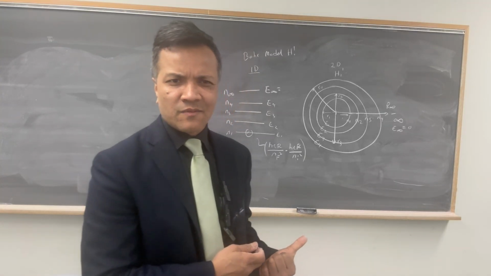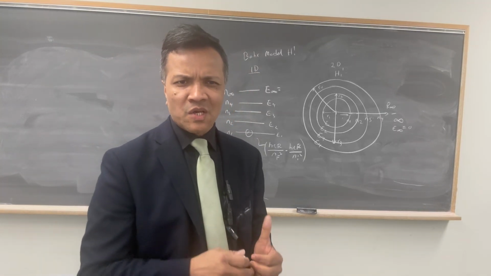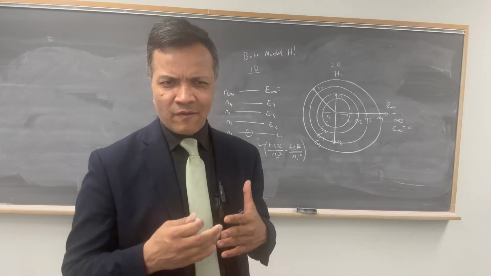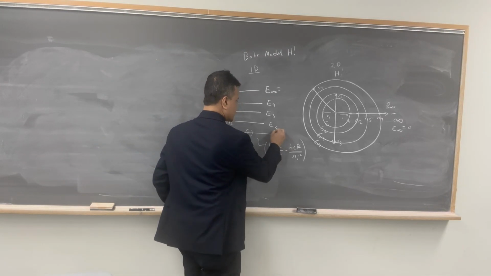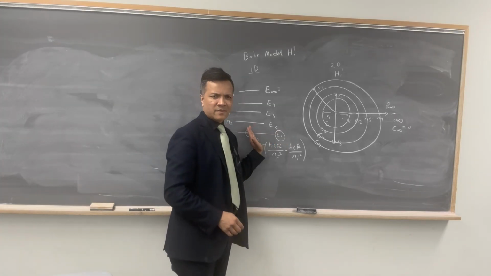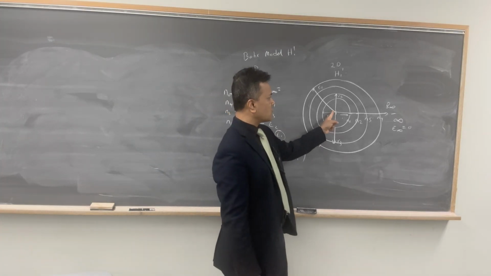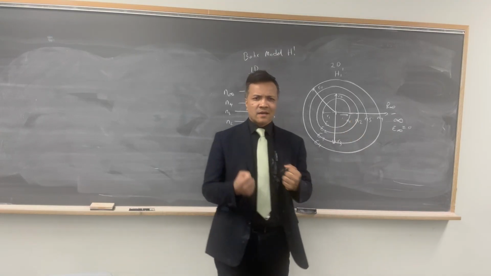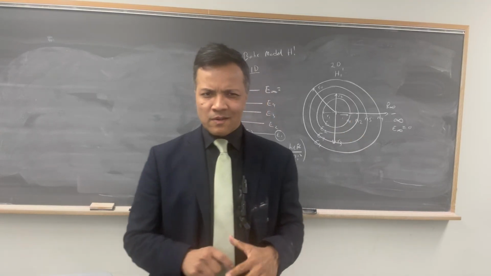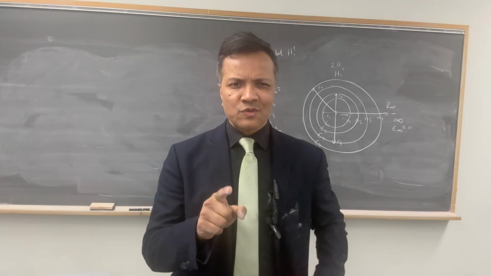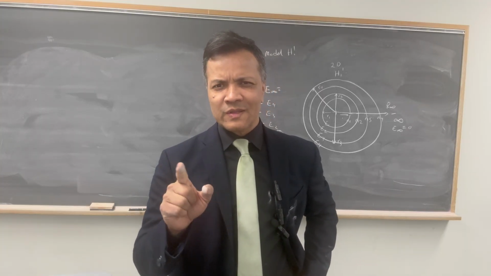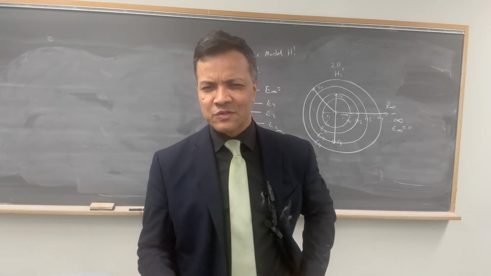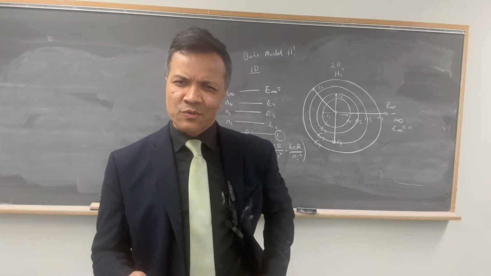What is this formula's name? This formula is called the Bohr-Rydberg formula. So let's use the Bohr-Rydberg formula to find the energy at n1. When the electron goes to n2, the nucleus doesn't like it, the proton doesn't like it, because the proton doesn't have good control over the electron at n2. When it goes to n3, the proton doesn't like it.